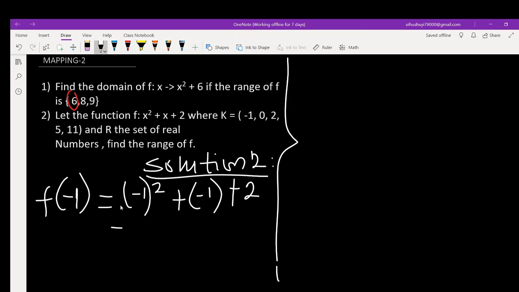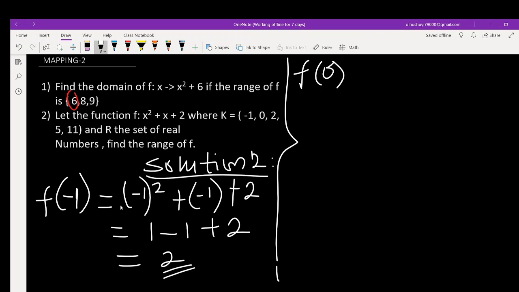So that becomes 1 minus 1 plus 2, and that is equal to 2. Find another, f of 0. That will be 0 squared plus 0 plus 2, that is still equal to 2.